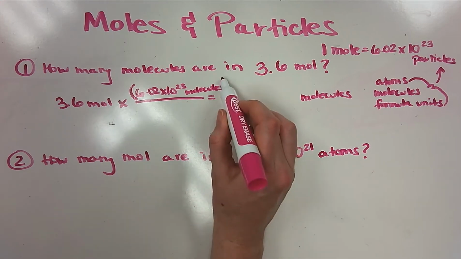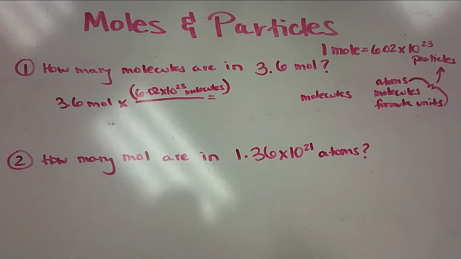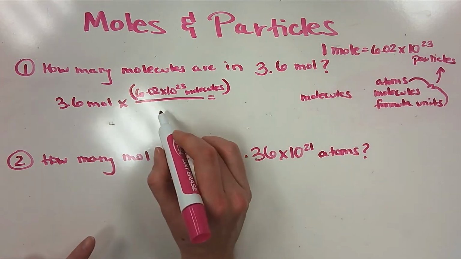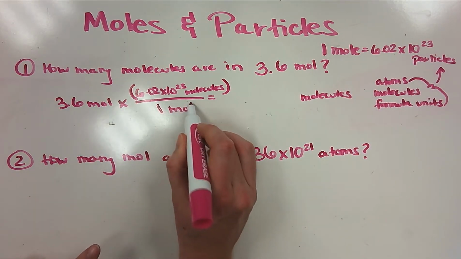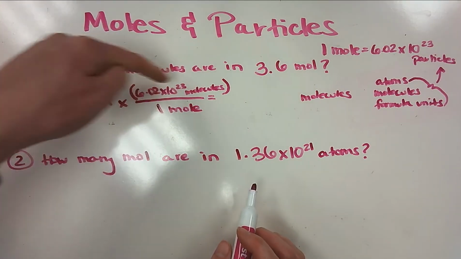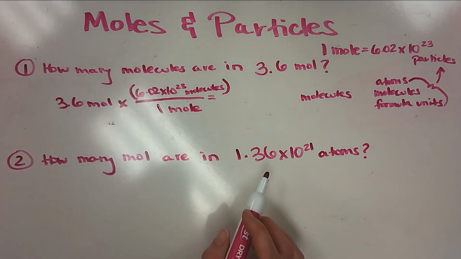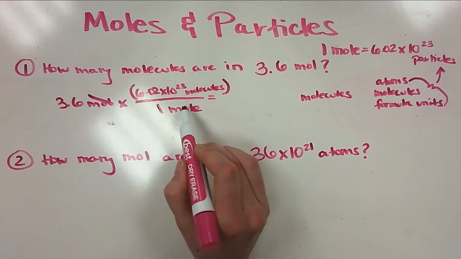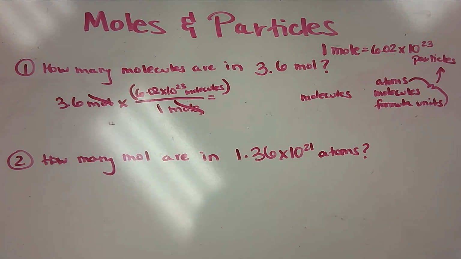Anytime you're dealing with a big number like this, go ahead and put it in parentheses and put the second half of the conversion factor, the 1 mole, on the bottom. So this is saying that in 1 mole, I have Avogadro's number of molecules. Another reason why I'm going to put mole on the bottom, I want mole and mole to cancel out.